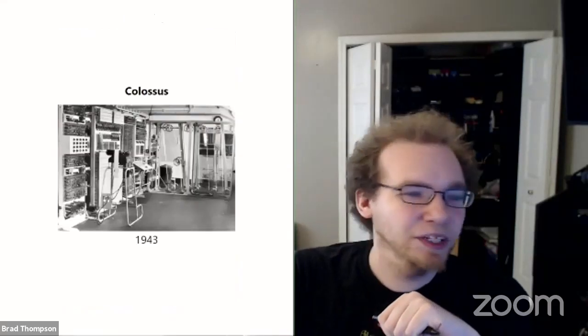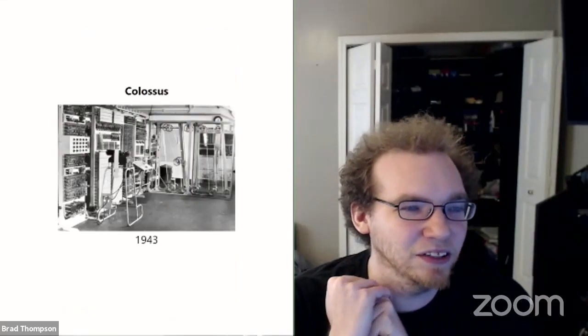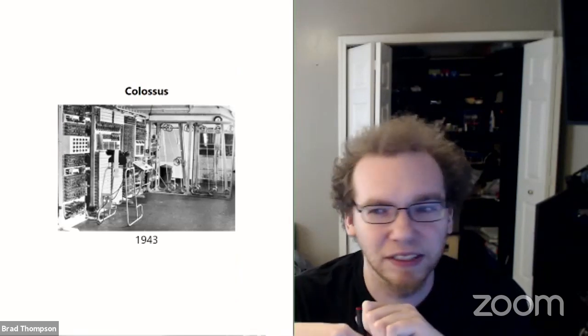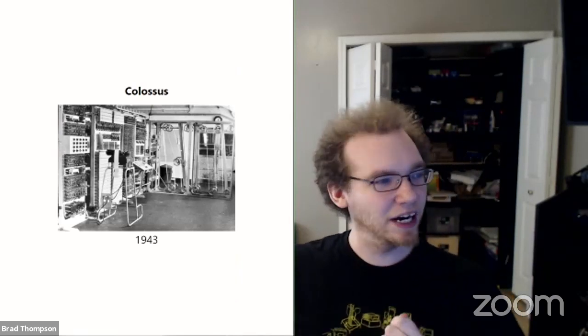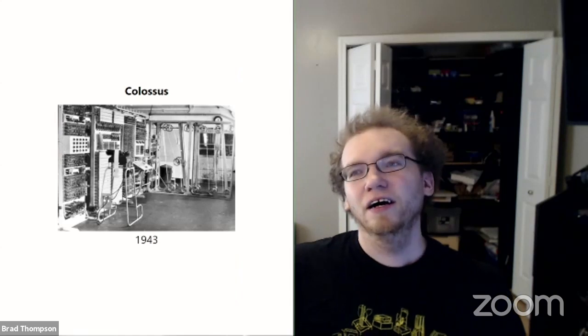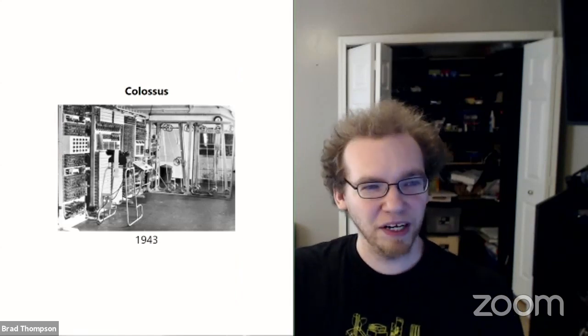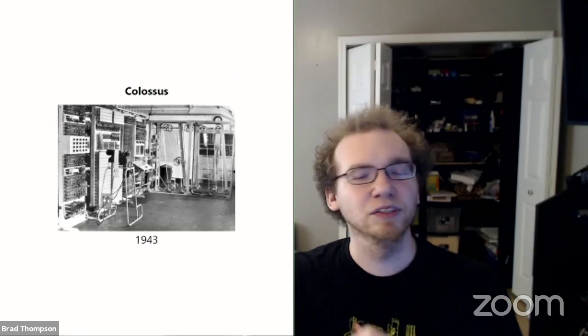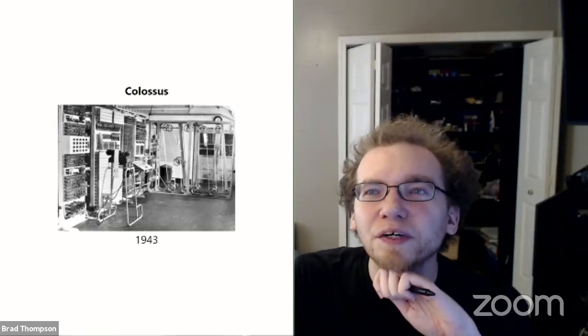It was followed up shortly after in 1943 by the Colossus, which was, again, I believe this one was entirely or almost entirely relay based, and again really sped up the process of being able to quickly decrypt German messages so that we knew what was going on.